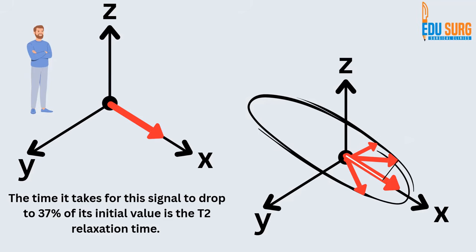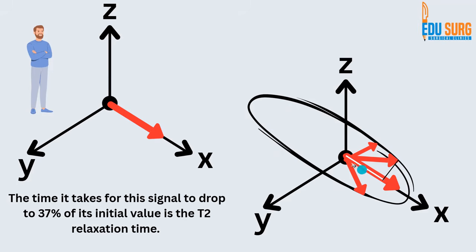Now, how you can measure the dephasing is the time that it takes to dephase. So basically the amplitude of the movement keeps decreasing, and that is known as T2 decay. If you see here, what you do is you take it back to the x-axis from wherever it is moving in the XY plane.